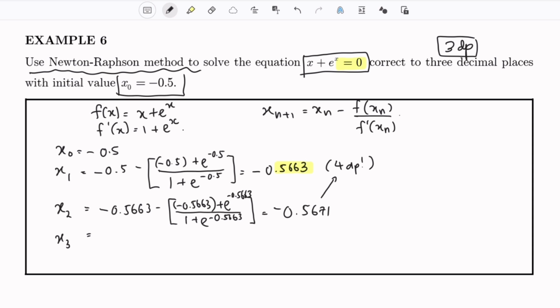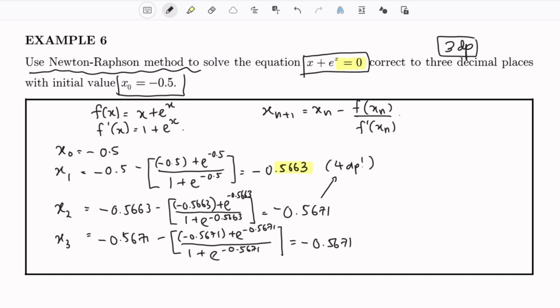Similarly for x3, we have negative 0.5671. Since the two values are the same, we stop the iteration. Hence, the root is negative 0.567 to 3 decimal places.